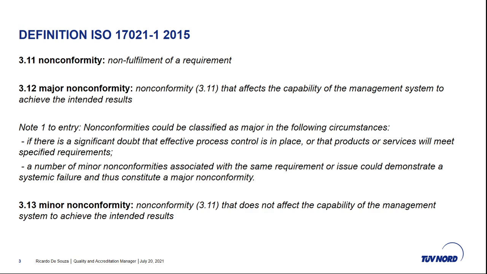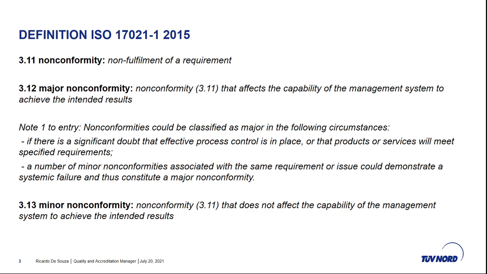So if you find a single case, it's a minor nonconformity, because the auditor is supposed to collect the attendance, but a single case doesn't compromise the result of the audit.